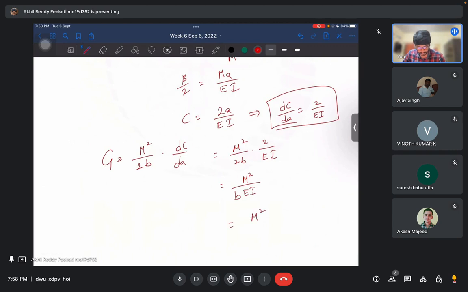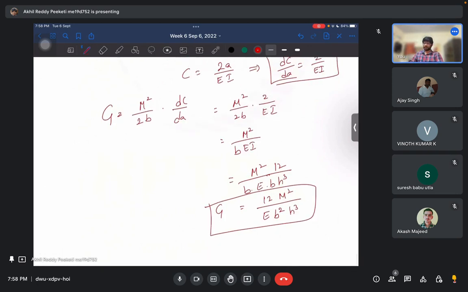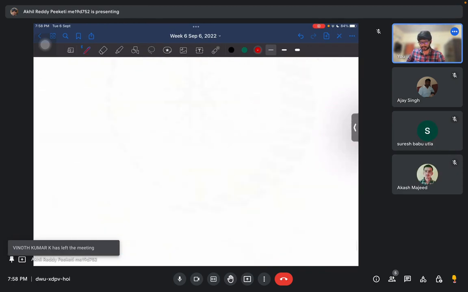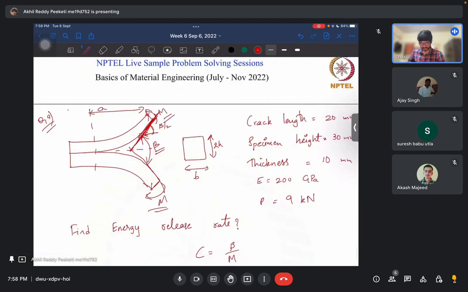So I again is BH cube by 12. So 12 M square by B square H cube. Okay. So if you plug in the numbers, you will get the answer. But yeah, this is it. This is how you can estimate the energy release rates.